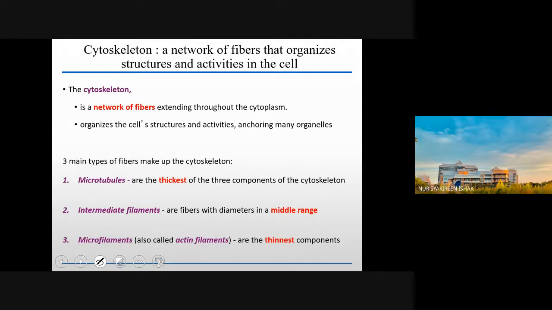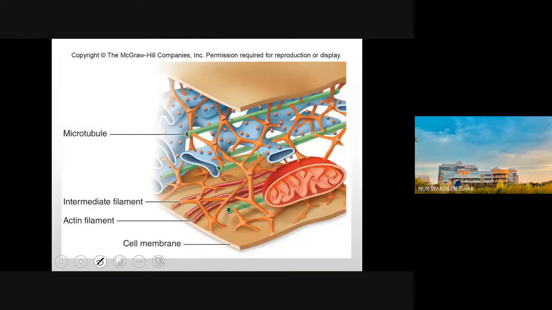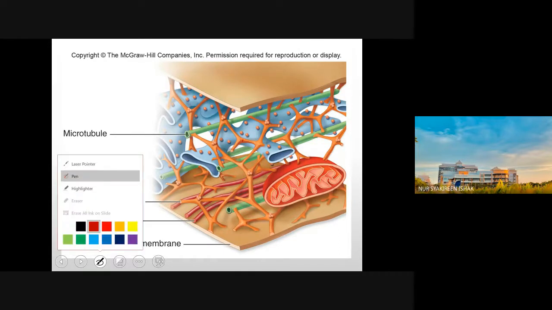Microtubule yang paling tebal, microfilament yang paling nipis, intermediate filaments in the middle range. Okay, will have a diameter in the middle range. Okay, so if you look at the next diagram, okay, here. So the microtubule, the thickest component.